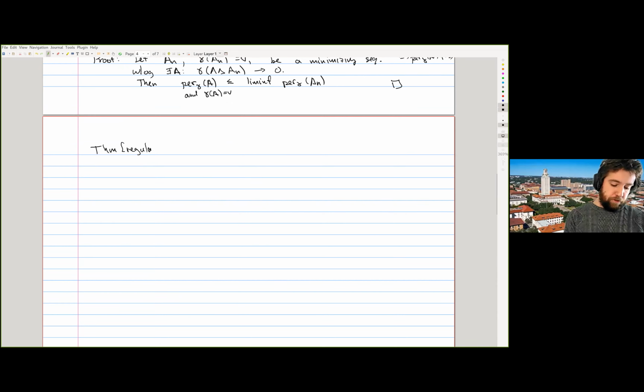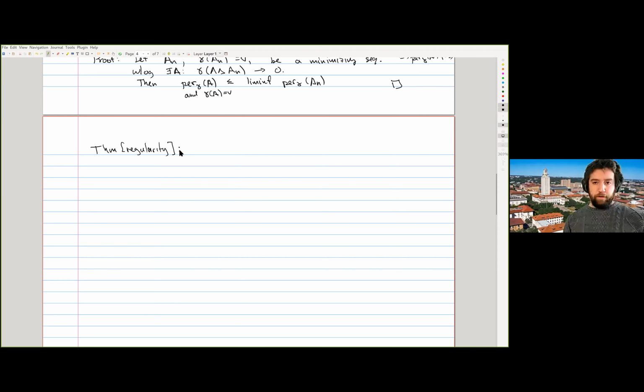So the first thing you have to do is some slightly difficult stuff that was studied in great detail in the second half of the 20th century, which is the regularity theory of the minimizers of this thing.